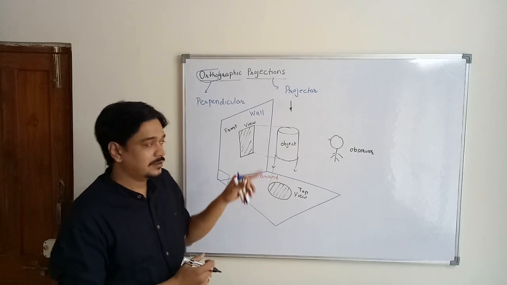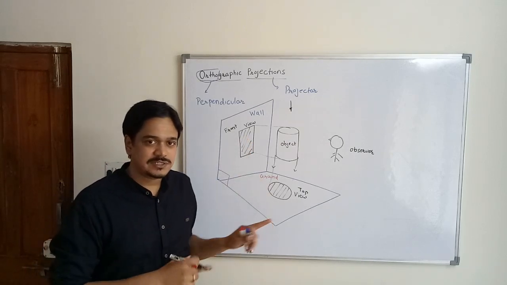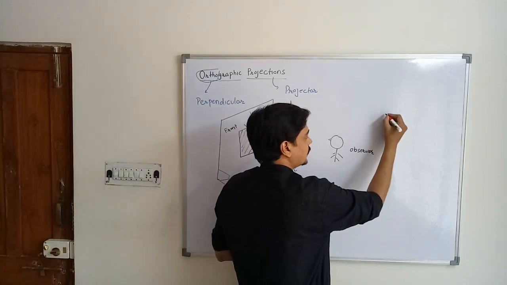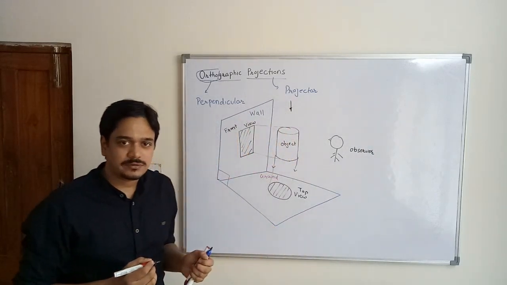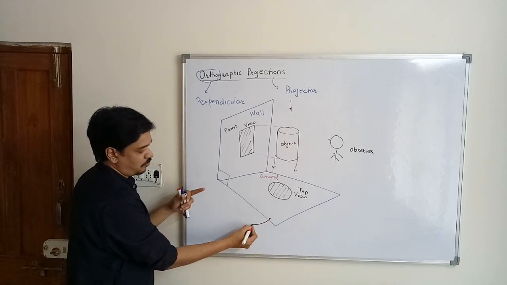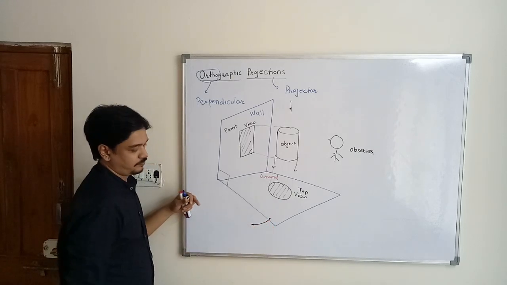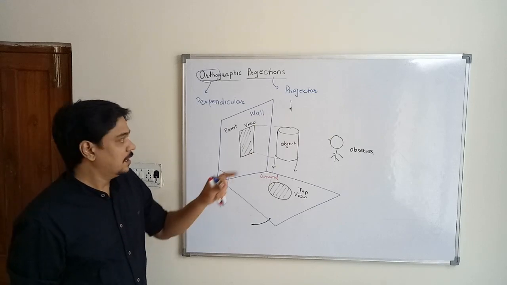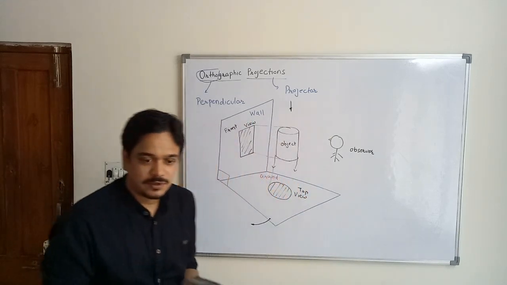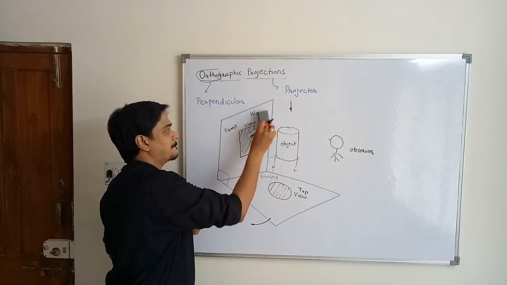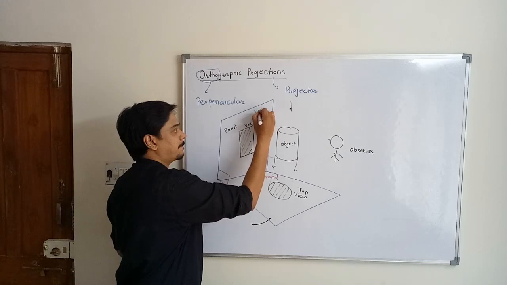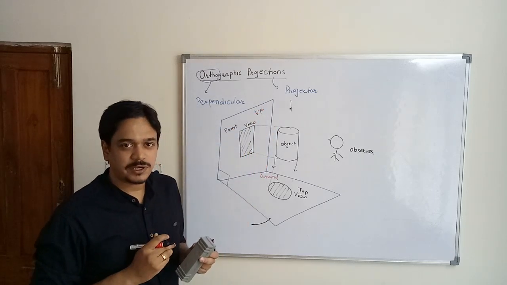To accommodate these two views on a sheet of paper, what you require? The requirement is you have to rotate this ground over here. Now this wall surface is termed as vertical plane, because the wall is vertical.